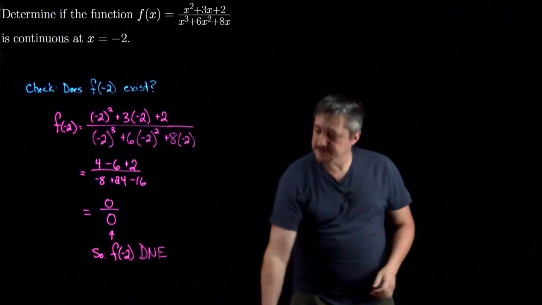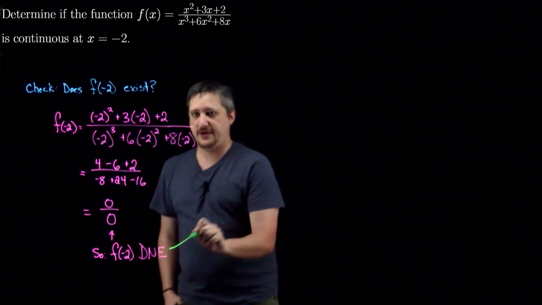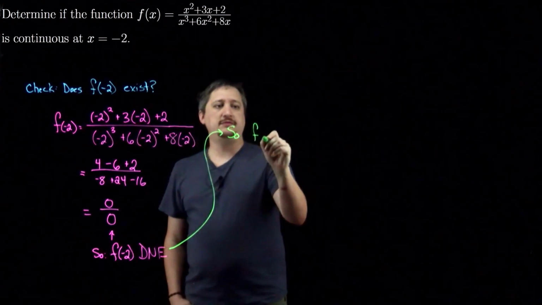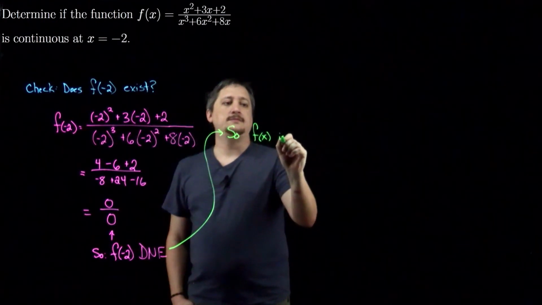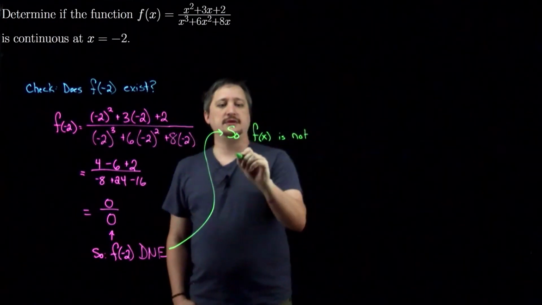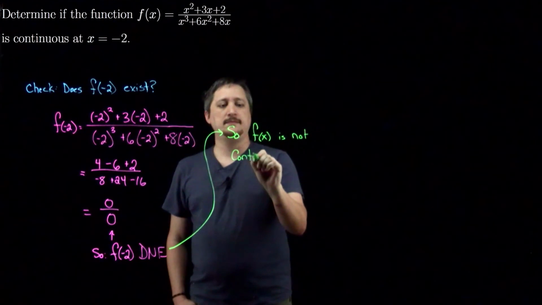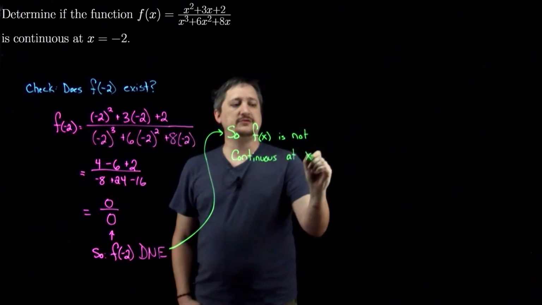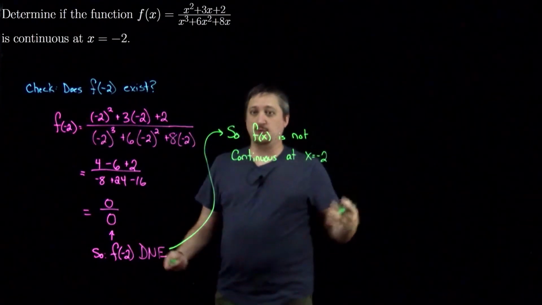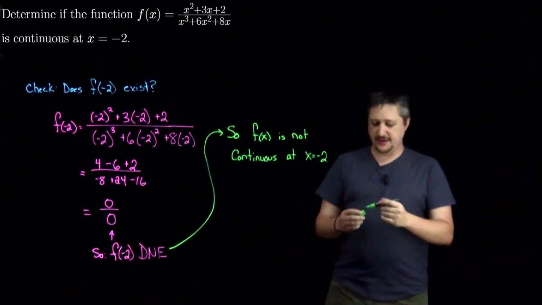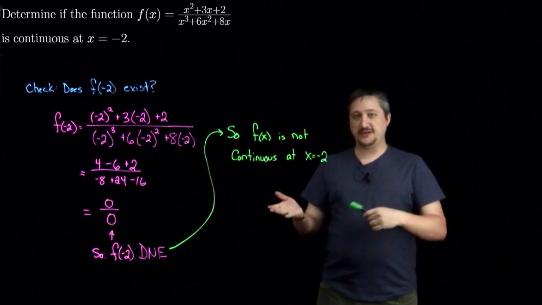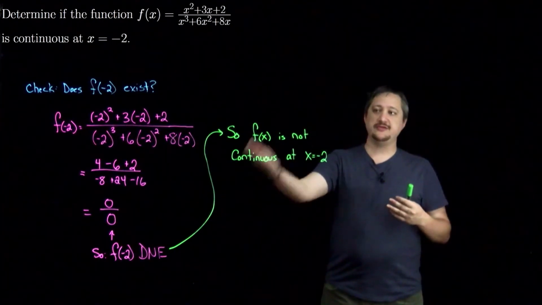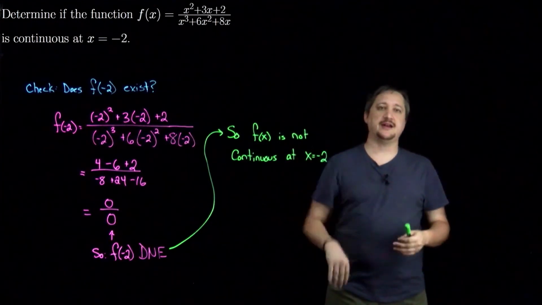And that tells me, this line tells me, so f of x is not continuous at x equals -2, because it's lacking one of those features, right? This idea that it has to have the limit exist, have the function exist, which it doesn't, and thus, if one of those fails, if the function doesn't exist at that point, it's not continuous.